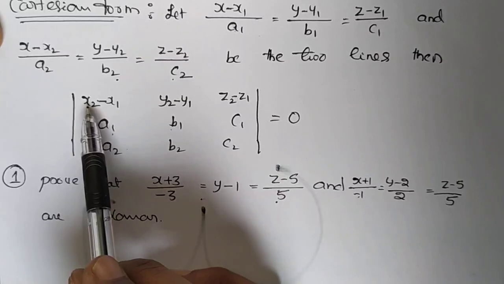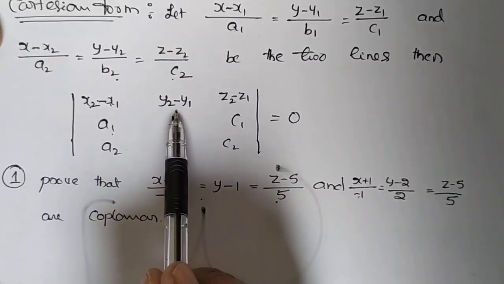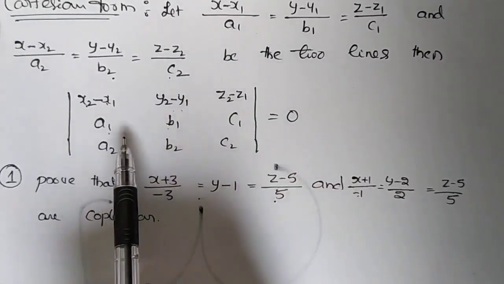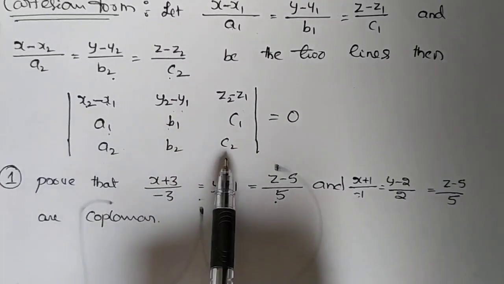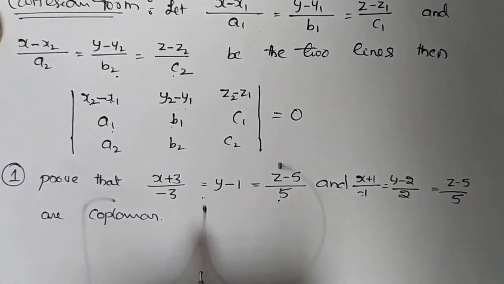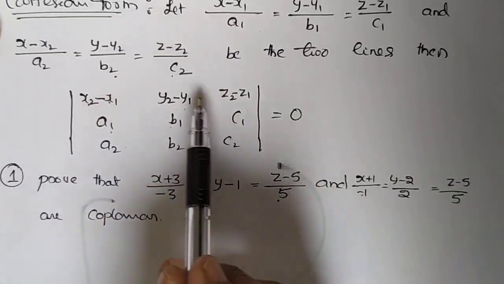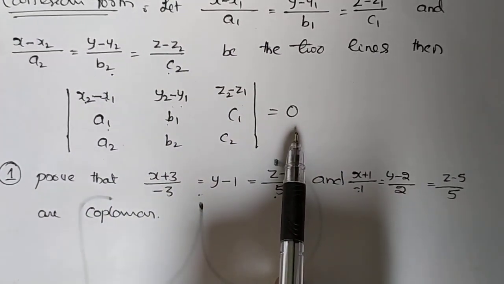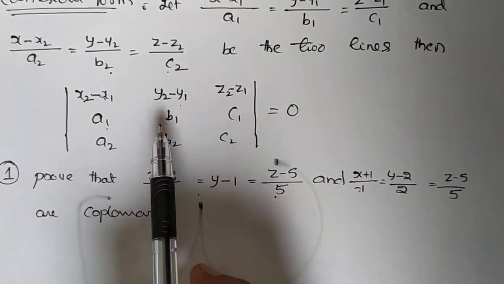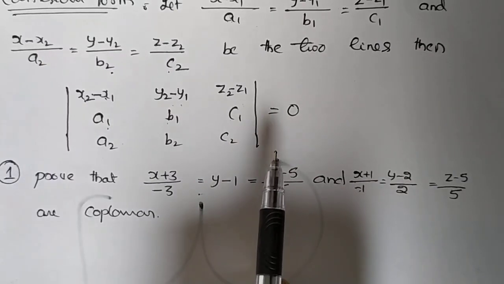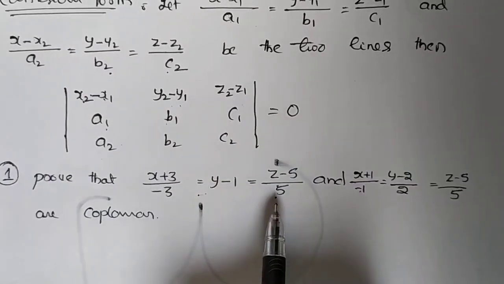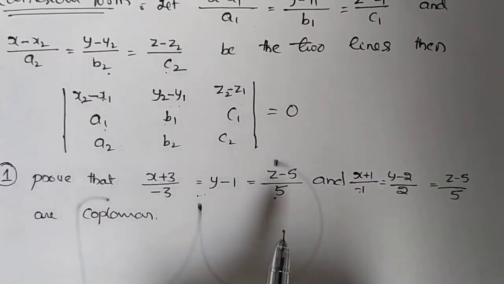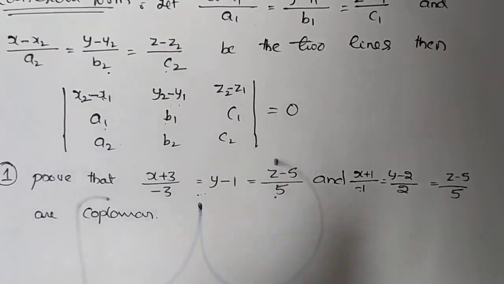Here the Cartesian form condition is the determinant of x2 minus x1, y2 minus y1, z2 minus z1, a1 b1 c1, a2 b2 c2 equals 0. We have to prove that this determinant is equal to 0. Then we can say that these two lines are coplanar, otherwise they are not coplanar.